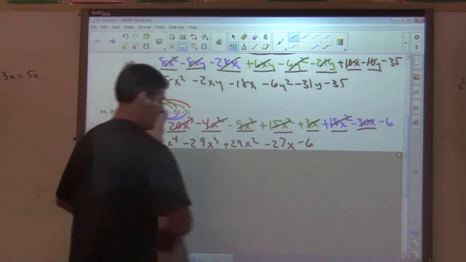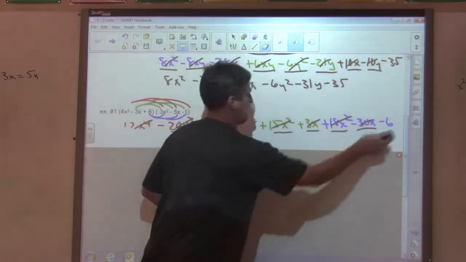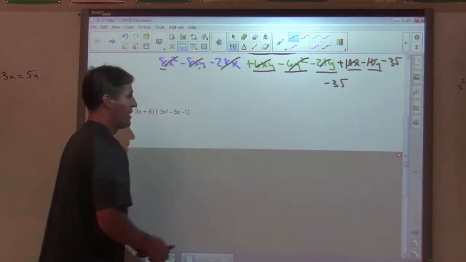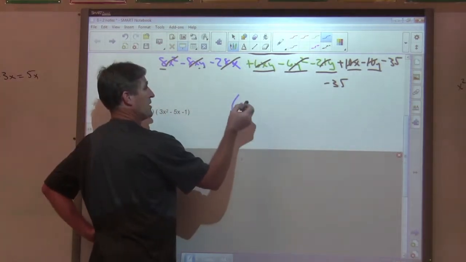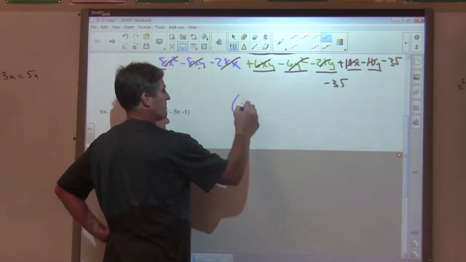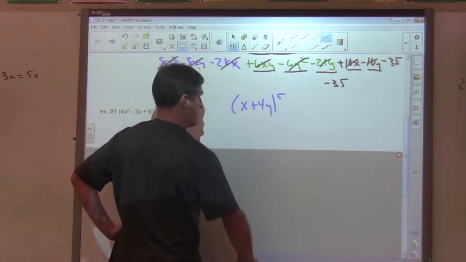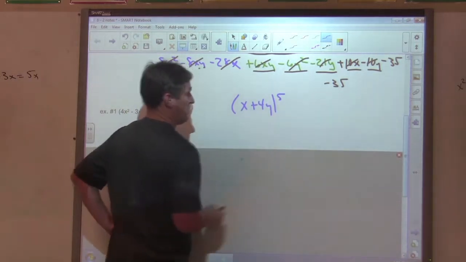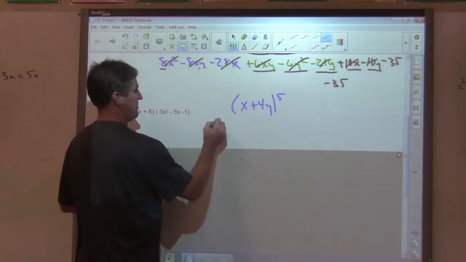A big part of the assignment, though, is going to be doing what's called binomial expansion. And binomial expansion is that we're going to take a binomial. Remember, binomial is two terms. Let's just take it to the fifth power. Okay? So one way to do it is simply to write it out.